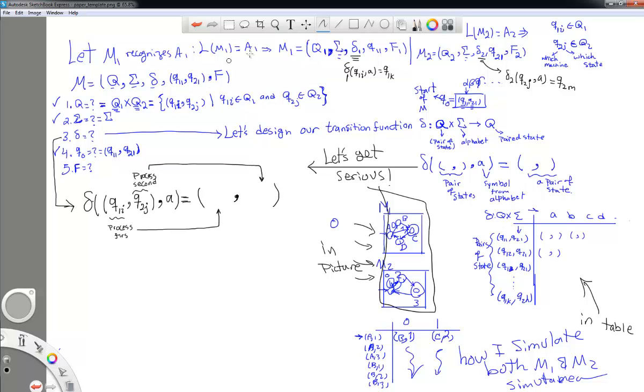Then for the fun of it, let's just call this one also N: Q1N and Q2N. This is the process of the first automaton, and this guy is the process of my second automaton.